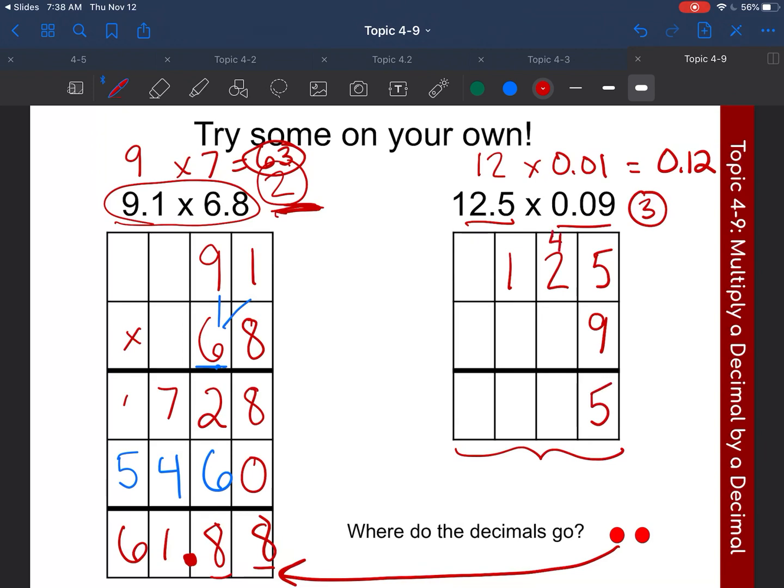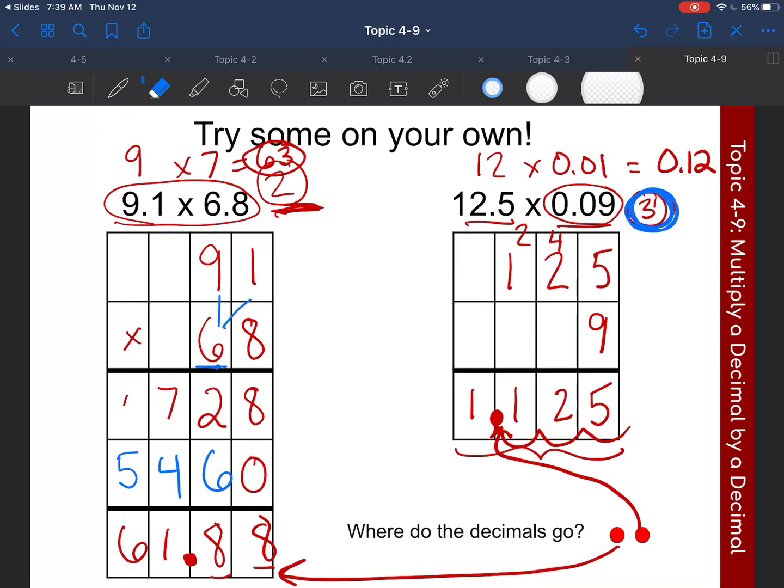We have 45, 18, 19, 20, 21, 22. 9 times 1 is 9, 10, 11. It should have 3 total decimal places, so we go 1, 2, 3, and the decimal place should go right there. This is where your estimation might get a little tricky, because if you estimated the 9 tenths as 0, you may think the decimal place would go here. But always follow your rule with the 3 decimal places. You know it has to have 3 total decimal places.